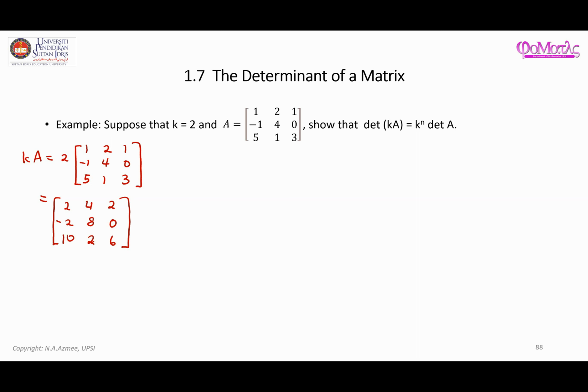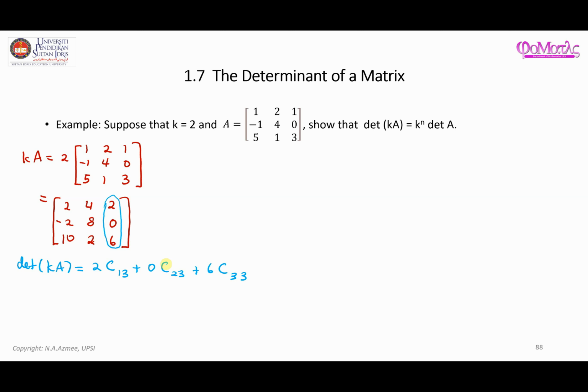And in order to find the determinant of that, I think we can consider the third column expansion. Okay, so what we're going to write down is the determinant of KA is equal to 2 times C1,3 plus 0 times C2,3 plus 6 times C3,3.